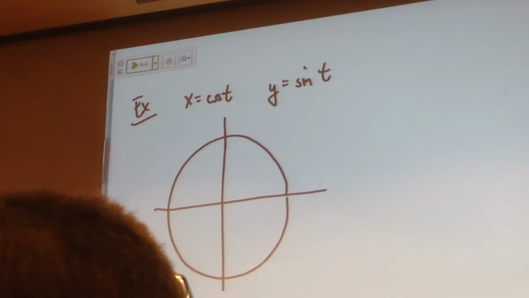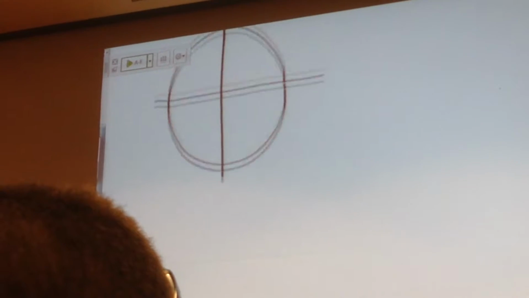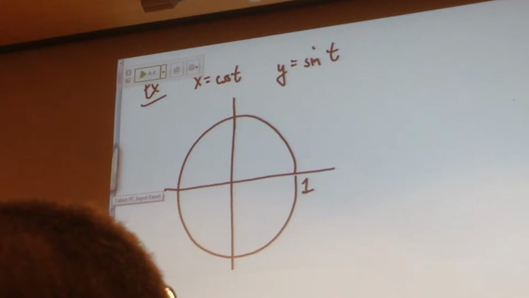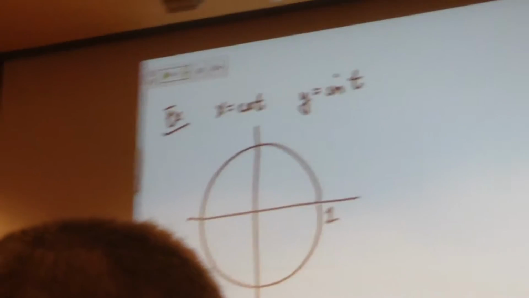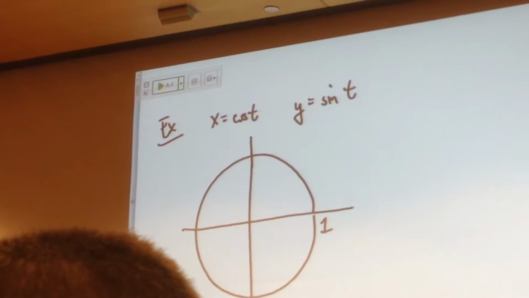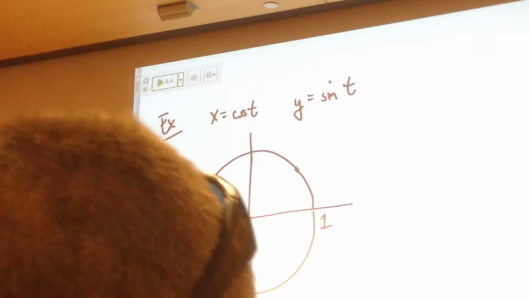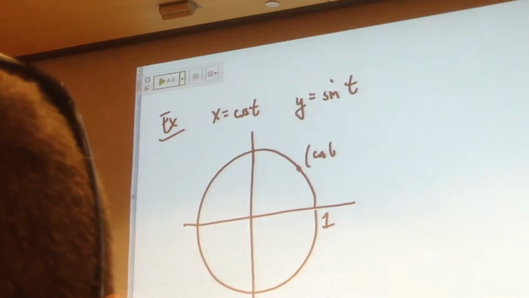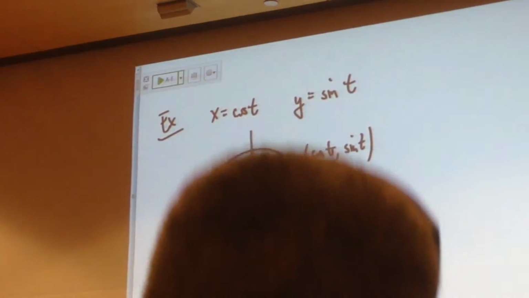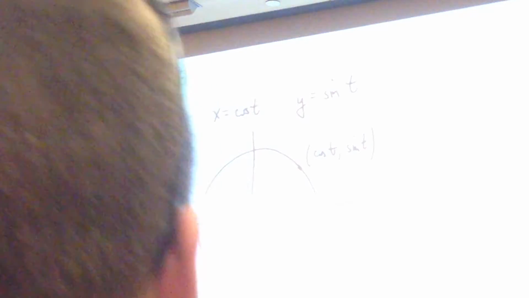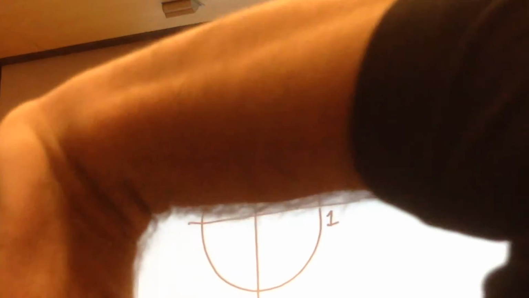Which makes sense, because if you go back to trig, remember your unit circle, the x-coordinate is cosine of t, and the y-coordinate is sine of t. That's how you find your cosine and sine for given angles. So if x is cosine of t, y is sine of t, we get a unit circle.